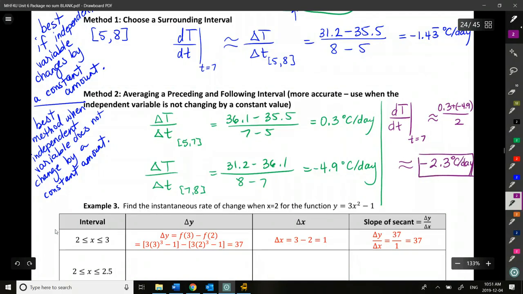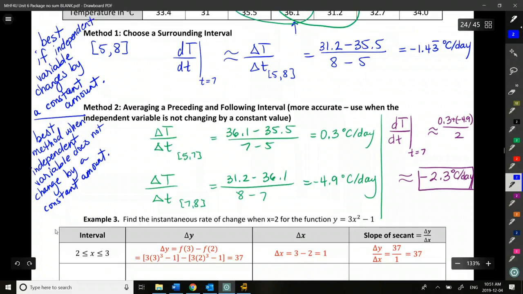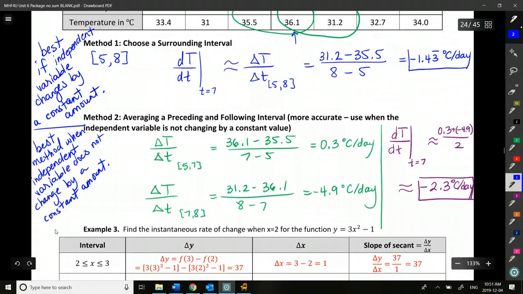Okay, so notice how that is different than our answer from part 1. And the reason is because this takes into consideration that middle point of data and gives us a little bit more of an accurate reading as to what that change at 7 days might be. Again, these are still both estimates, which is why we're using the approximation symbol there.